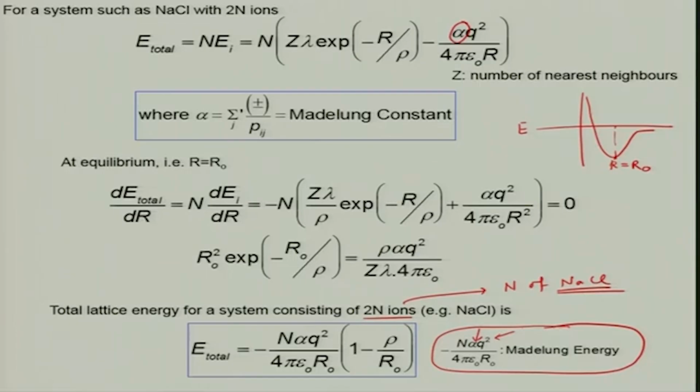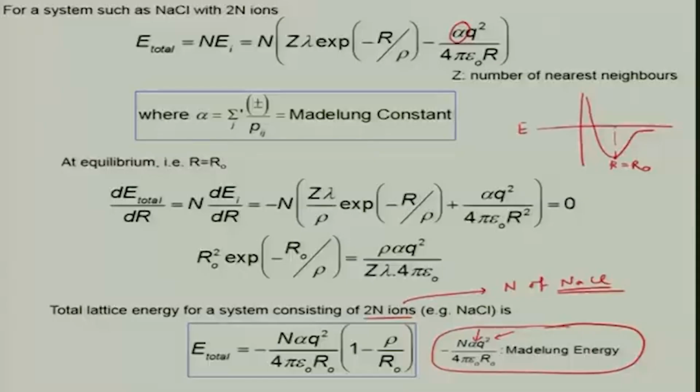So, essentially this is the difference between, for example, sodium chloride and magnesium oxide. If you look at sodium chloride, q is equal to 1, which means q square will be equal to 1. But if you look at MgO, what will it be? 4, because it is 2 into 2, right, 2 into 2.